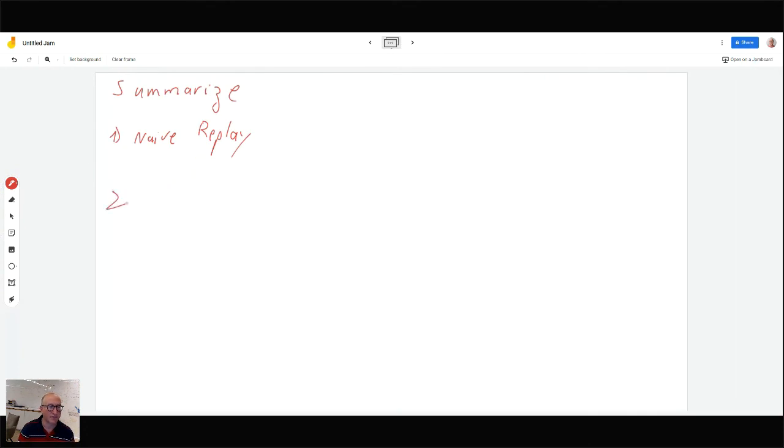Let's put here 2, 3, 4, 5. So here we have reputation-based, you know, banks. Here we have the trusted execution environment, SGX. Here we have fraud proofs, like optimistic rollups. And here we have validity proofs, like Starks.